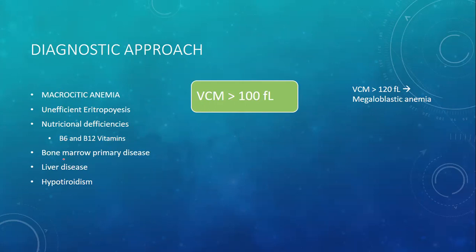There would have to be a bone marrow primary disease, in which the main cause of the disease is inside the bone marrow, liver disease, and hypothyroidism. And when we have MCV higher than 100, we are already talking about megaloblastic anemia, as you already know.